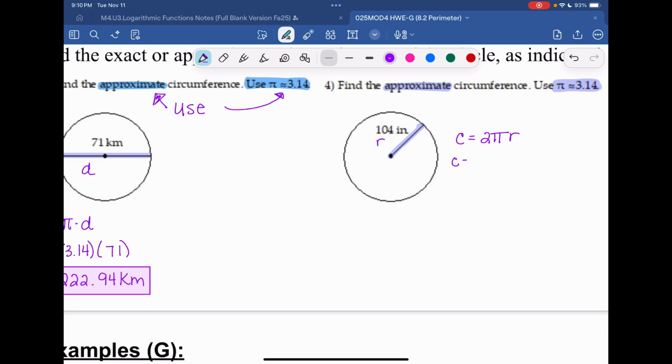So I've got 2 times, instead of pi, I'm going to use 3.14 times my radius. And then I would just put that in my calculator. And I would multiply 2 times 3.14 times 104. And we would get 653.12 inches.